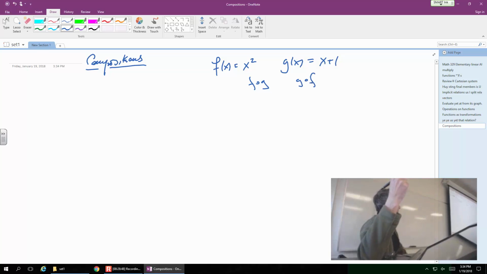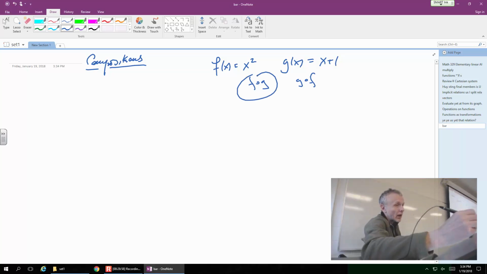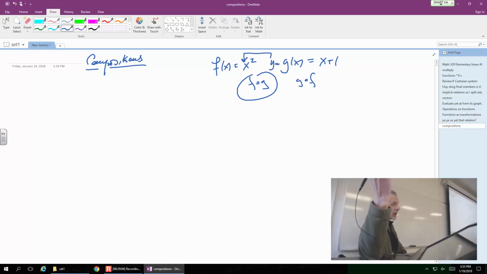The challenge is then you don't know exactly how to substitute one into the other because the input-output variables do not match. If I want to compute this, the output variable should be, say, y, but then this y has to come up over here and replace the x. That's what the substitution is. So that's often the way compositions are presented, and it might be misleading. I think I was able to find a problem or two in the set that don't have this problem. But it is an extra challenge.